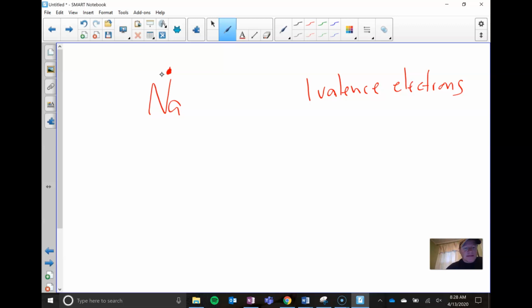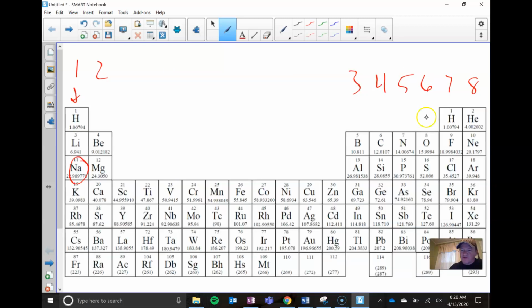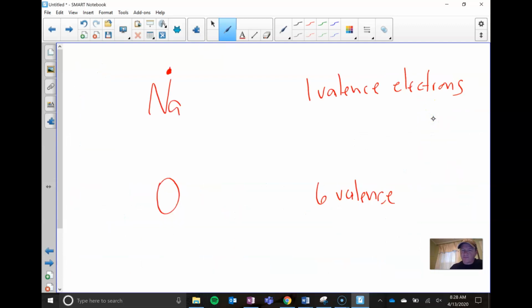For example, if I do oxygen, we said oxygen has 6 valence electrons, and going back to the periodic table to verify that, there's oxygen in main group 6. Here's how I would draw it with more than 1 dot. We want to think about a clockwise pattern. Some people use a cross, but I like to go around.